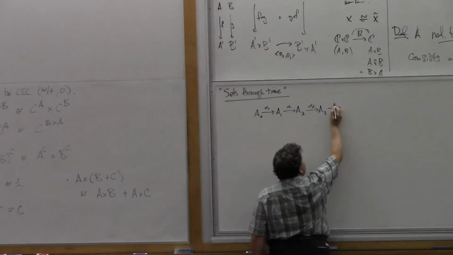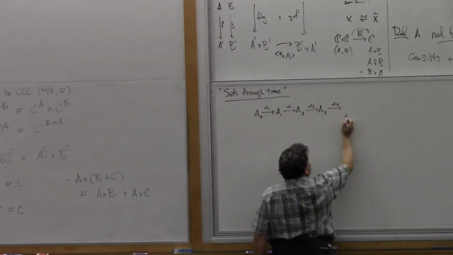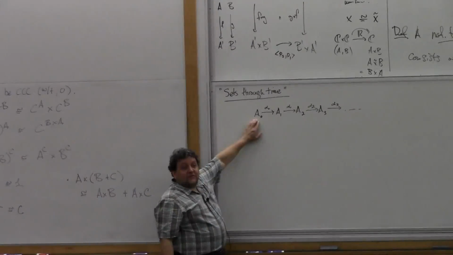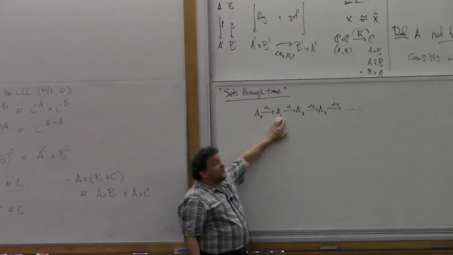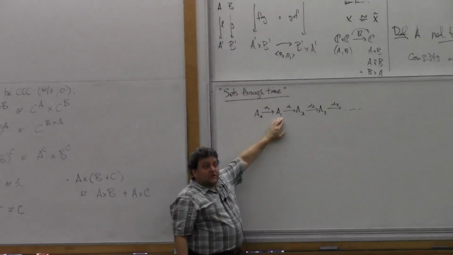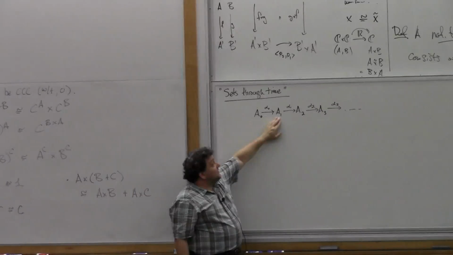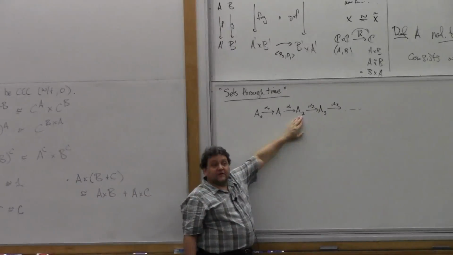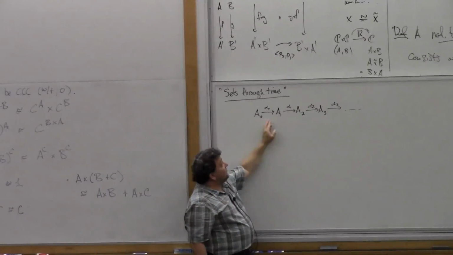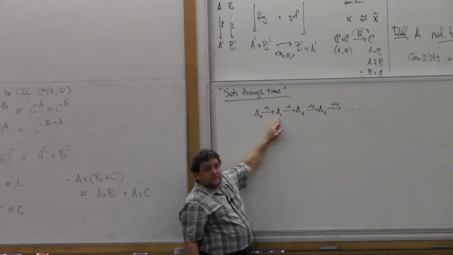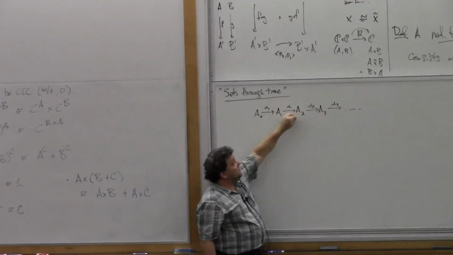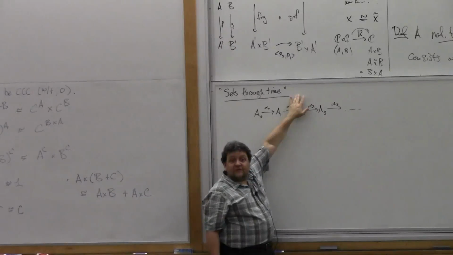I'm not putting any conditions on these functions. So it could happen that two elements that were different here suddenly become the same over here. And it could happen that an element that doesn't exist at all here suddenly pops into existence over here. So this function doesn't need to be injective, because things could get collapsed. And this function doesn't need to be surjective, because new things could pop into existence here.